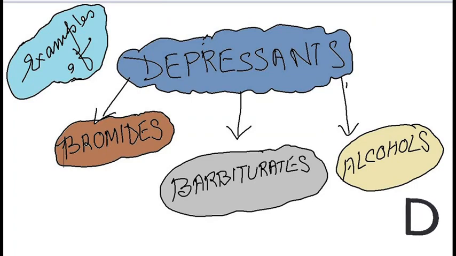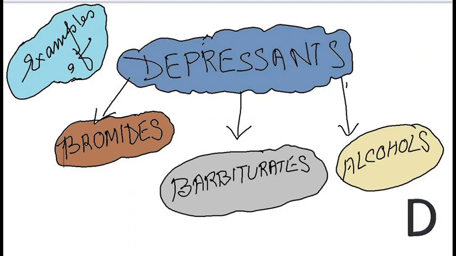These drugs operate by affecting neurons in the central nervous system, which leads to symptoms such as drowsiness, relaxation, decreased inhibition, anesthesia, sleep, coma, and even death. As I told you, this drug affects the central nervous system.